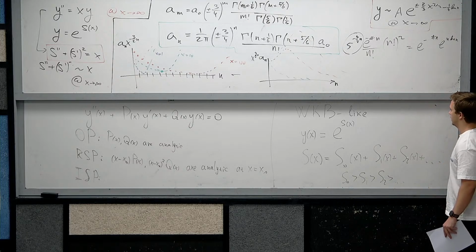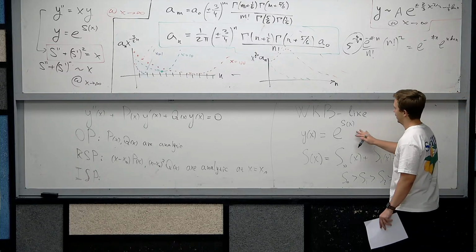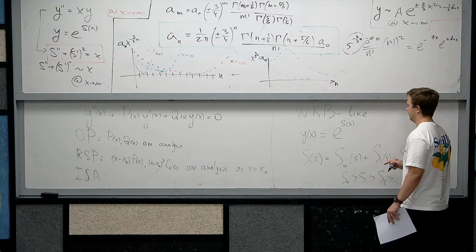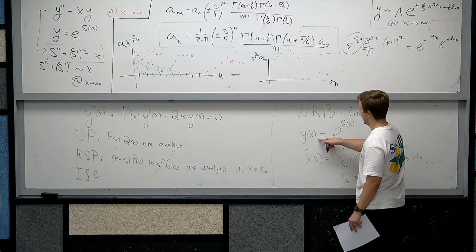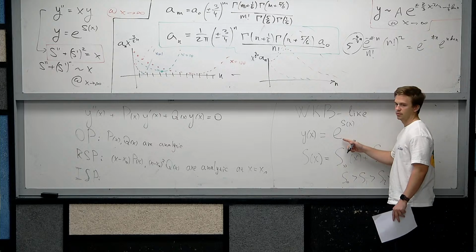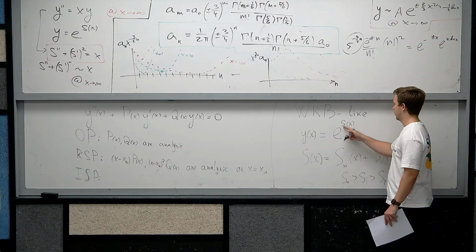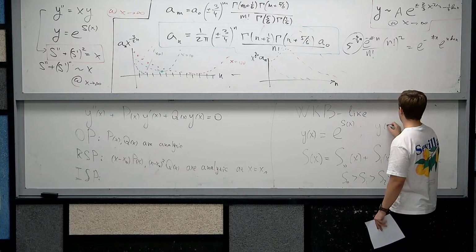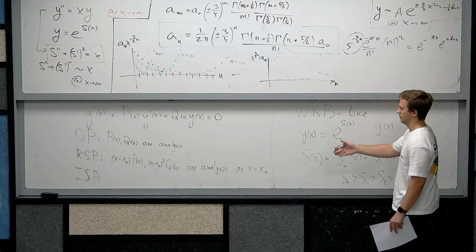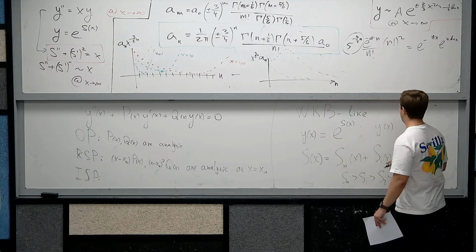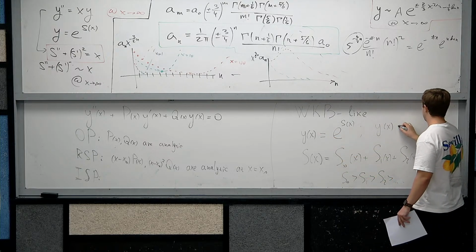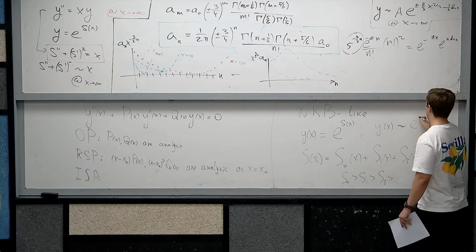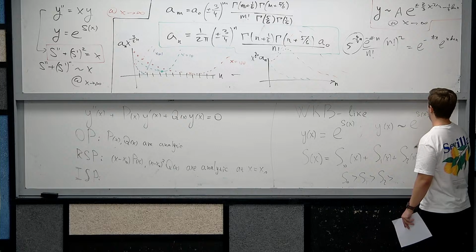But for this kind of WKB method, we usually say that our solution is not exactly equal to e to the power s of x, but we say that our solution of some differential equation with an irregular singular point is asymptotic to this exponent. Okay.